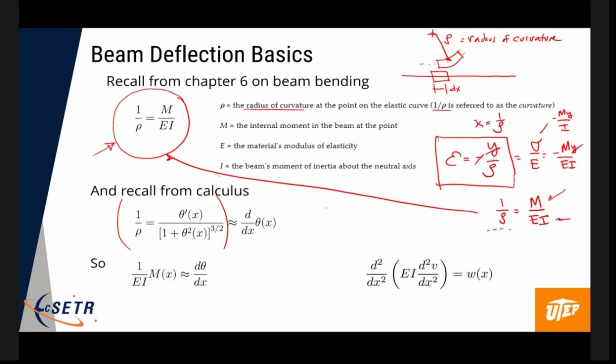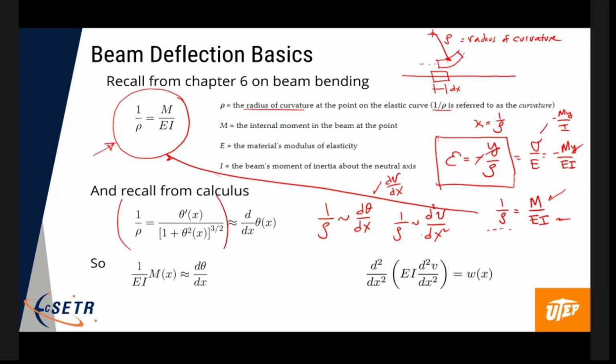This means that 1 over rho is approximately equal to the derivative of theta with respect to x. And we remember that theta is also the derivative of v. So 1 over rho is approximately equal to the second derivative of our deflection curve with respect to x.